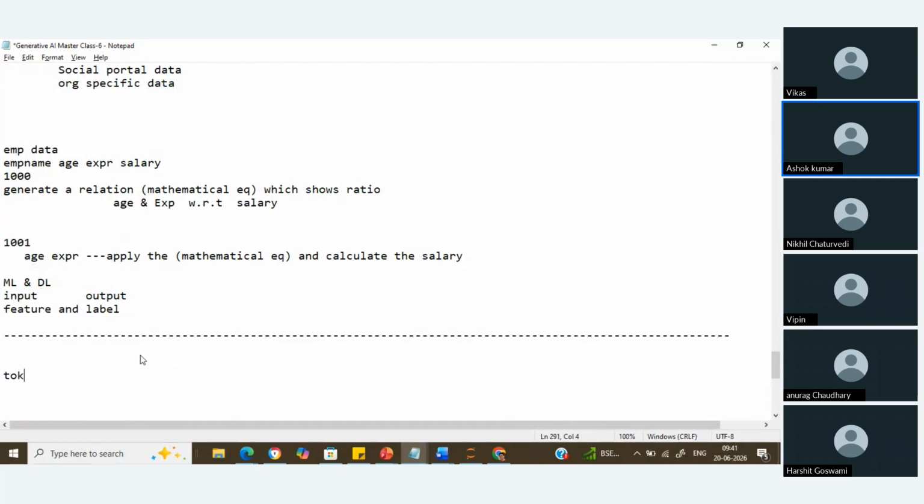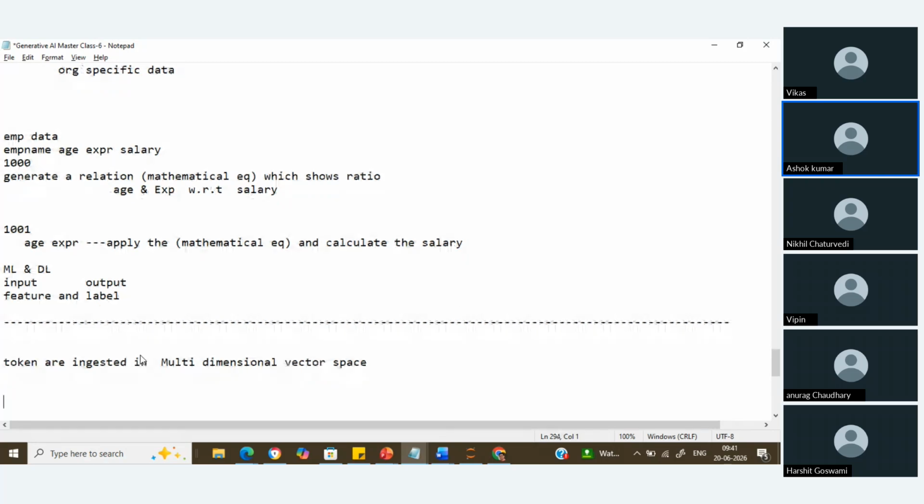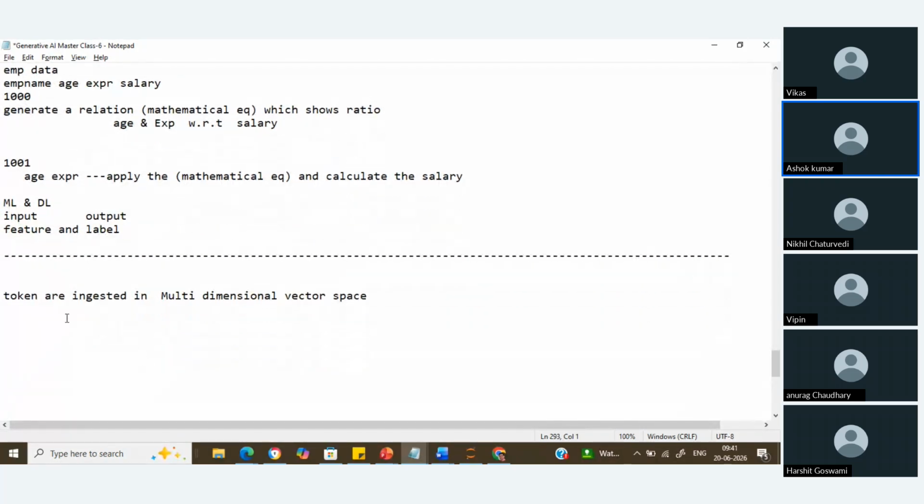Information, or you can say tokens, are put in multi-dimensional vector space, and then these tokens proceed with distance calculation.